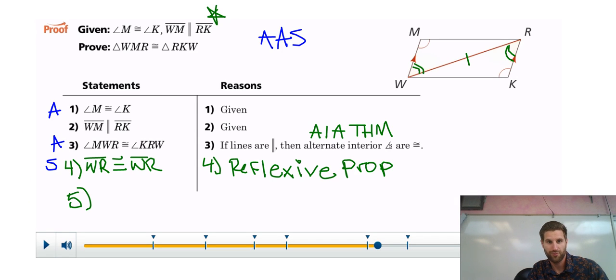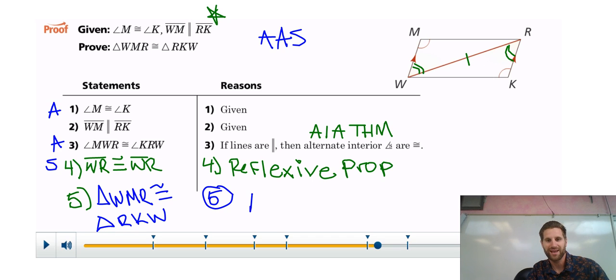So we can prove these two triangles are congruent. So I'm going to write triangle WMR is congruent to triangle RKW, and the reason is, that's step 5, not 6, angle, side.